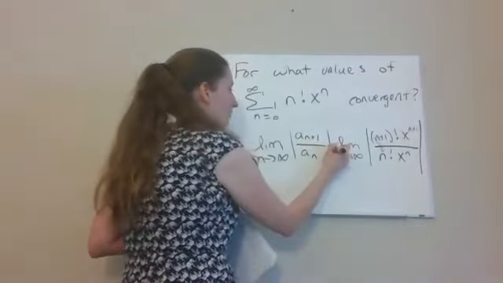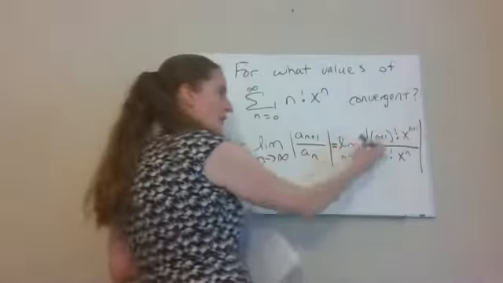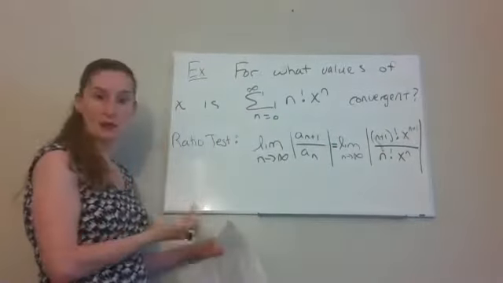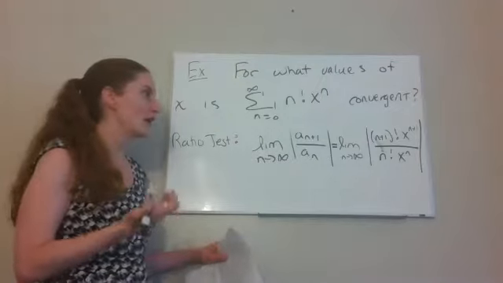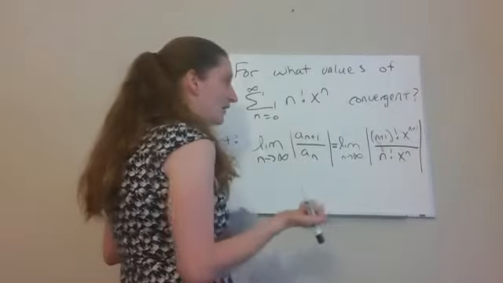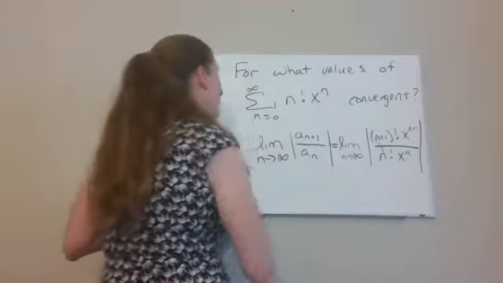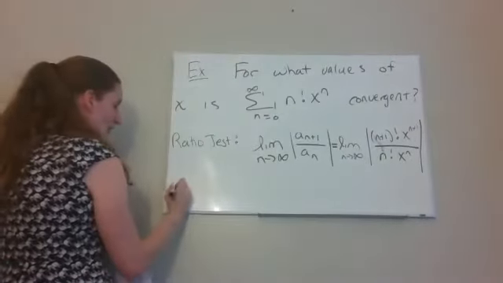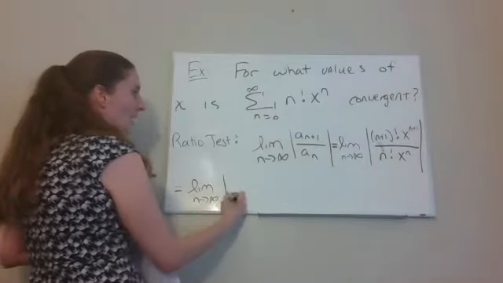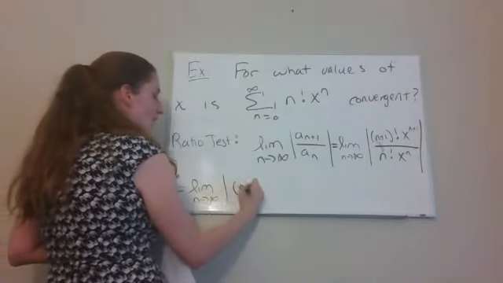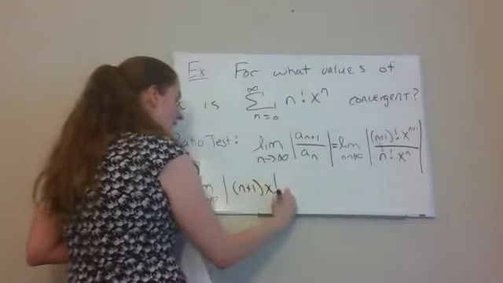Now, if I try to simplify this, we already know the (n plus 1) factorial and the n factorial, most of that cancels out. It just leaves an n plus 1 in the numerator. And same with my x's. I can cancel out most of those x's and just have an x left in the numerator. So this is the limit as n goes to infinity, absolute value of n plus 1 times x.